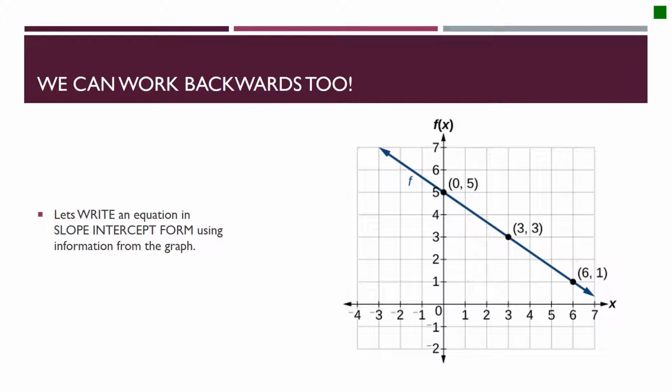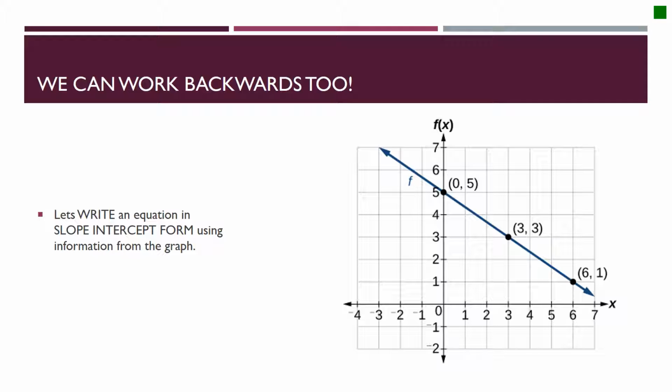So now that you have learned to draw a graph from an equation, we're going to work backwards, okay? We are going to work backwards and try to build an equation using a graph. So the same information exists on the graph that we need in our equation. So I'm going to do an example, and then the next slide you'll do on your own. So let's write an equation in slope-intercept form using the information from the graph.